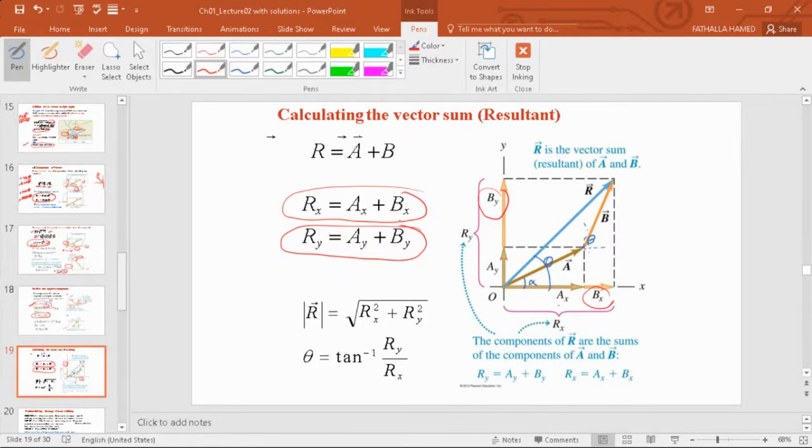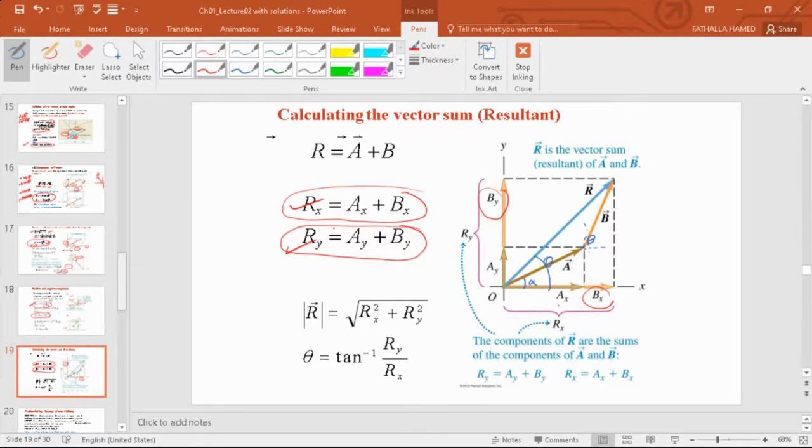So now you don't have to add the vectors graphically. You don't have to use trigonometry to add these vectors, but you can basically start adding components. So you can add the X components together, and it will give you Rx. And you can add the Y components, and you get Ry.